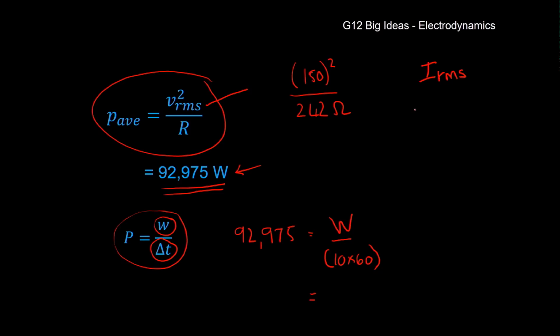And if you are using the average potential difference, you need to write RMS next to it there. Power is average power because we're not working on specific maximum values. We're looking at the average overall of the current that is changing in strength and in direction continuously.